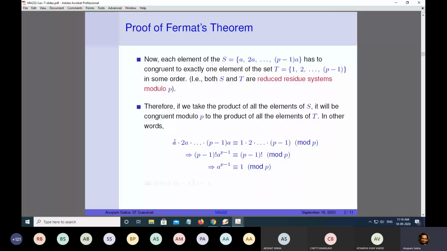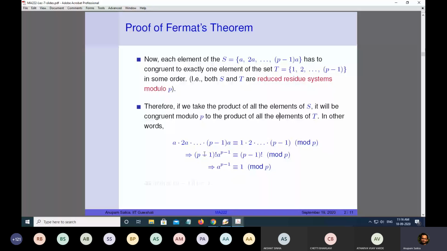Each one will correspond to some remainder. Let's say 2a may correspond to remainder p minus 1. But overall it will not matter which remainder is which when you take the product. Then what happens? On this side we get a to the power p minus 1 times p minus 1 factorial, and on the other side I get p minus 1 factorial.